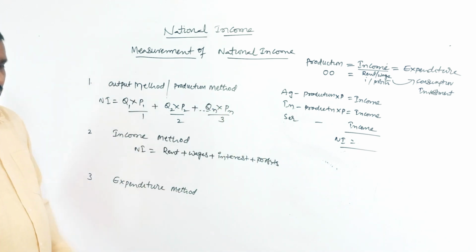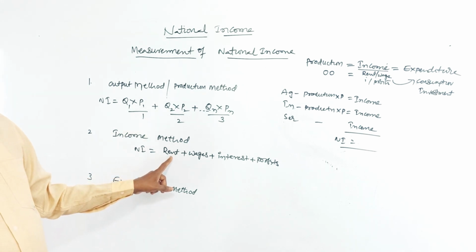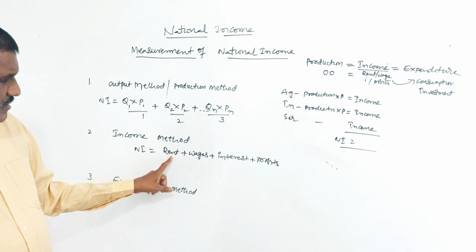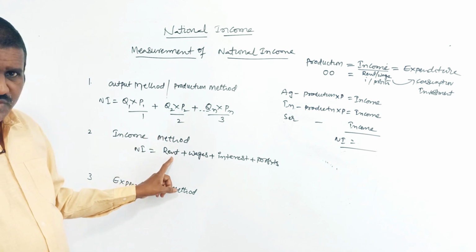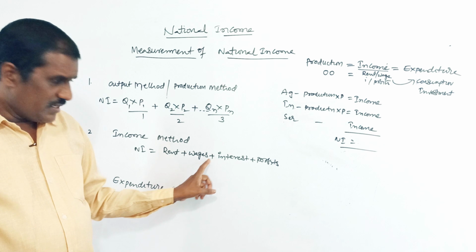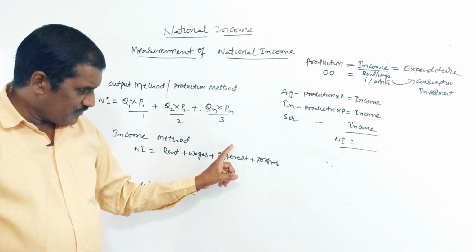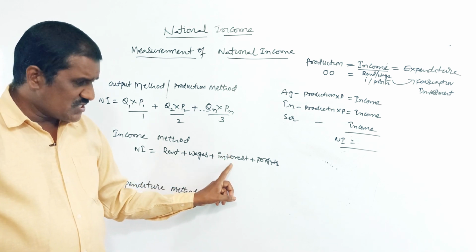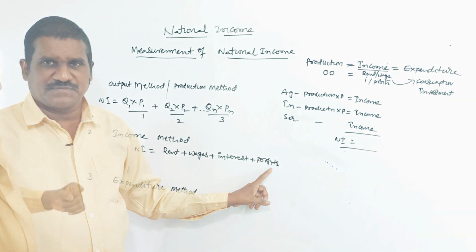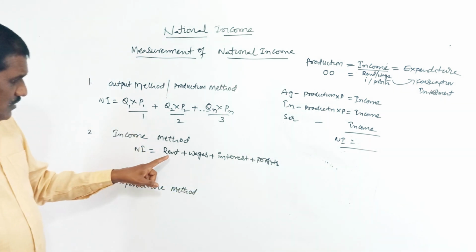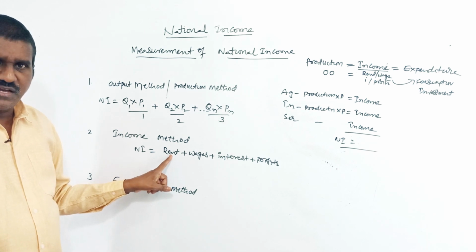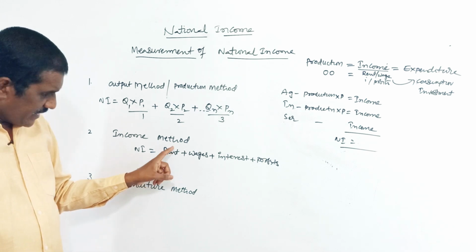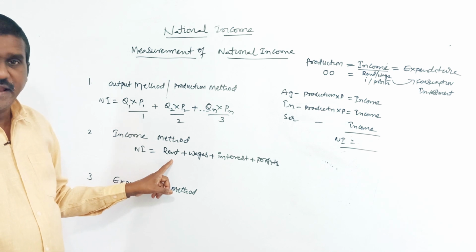is equal to rent. Rent is the first factor of production. Land gets rent, labor gets wages, capital gets interest, and organization gets profits. Okay, so rent is the income of the land.